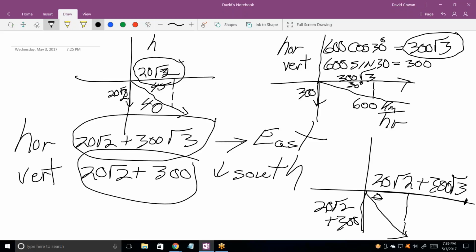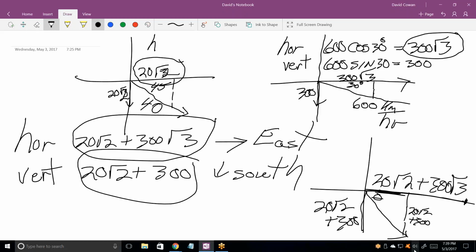So that angle is the inverse tan of the vertical over the horizontal. See why? In other words, this side right here is also 20 root 2 plus 300. And so the horizontal is 20 root 2 plus 300 root 3.